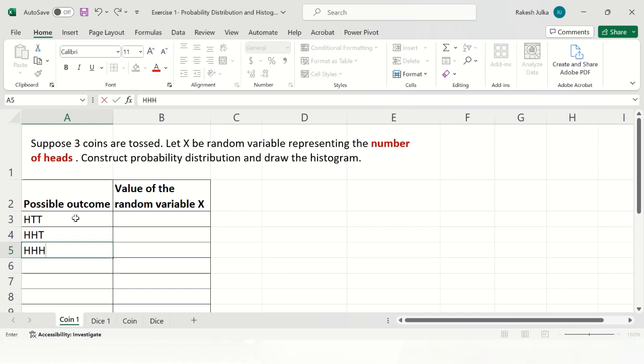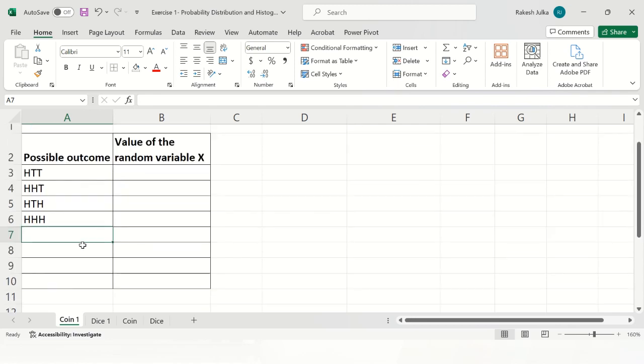Or it can be head, tail and head, then head and head. The next possibilities will be tail, head, tail, then tail. So these are the possible outcomes.